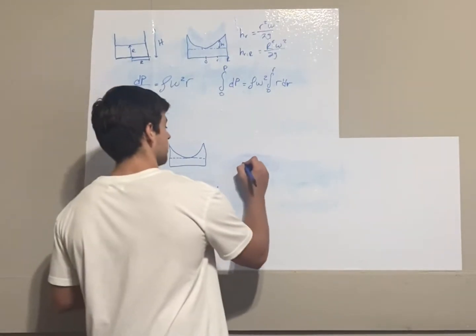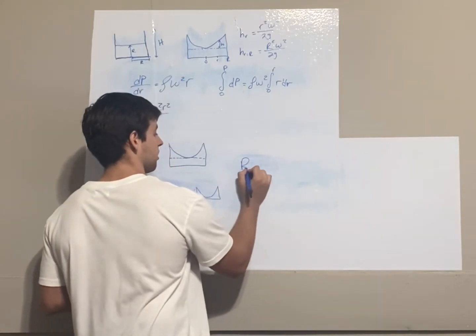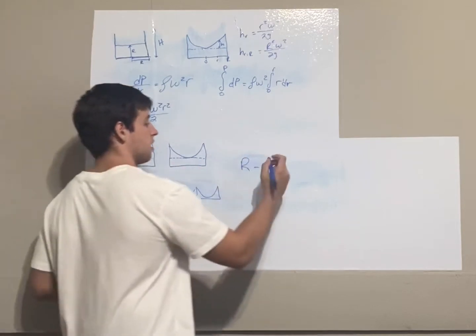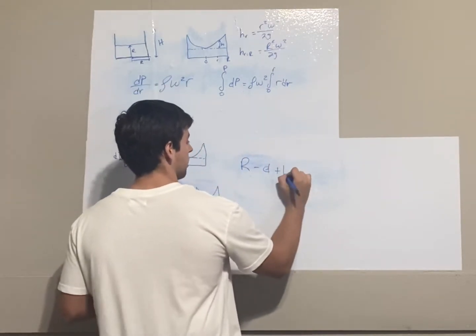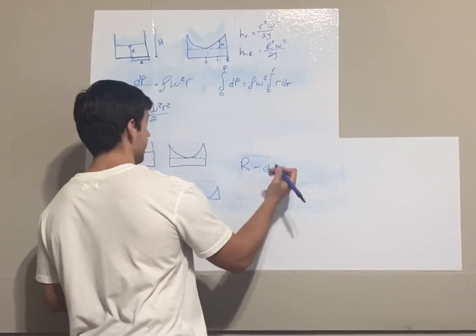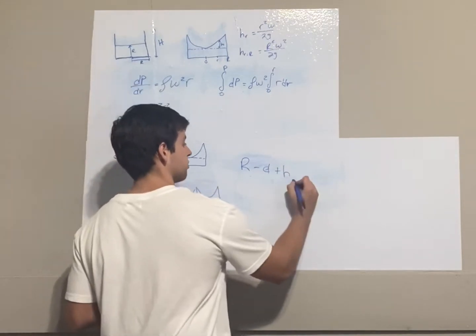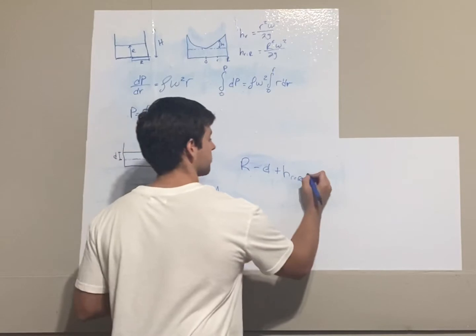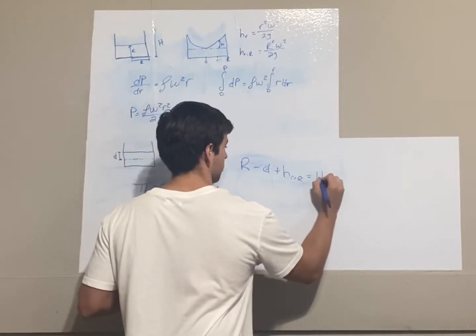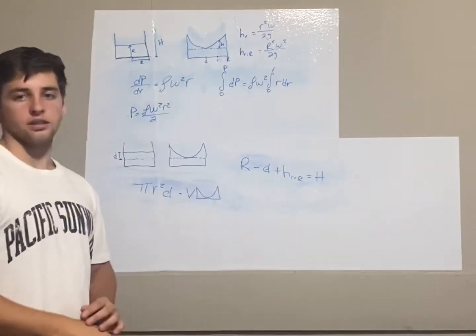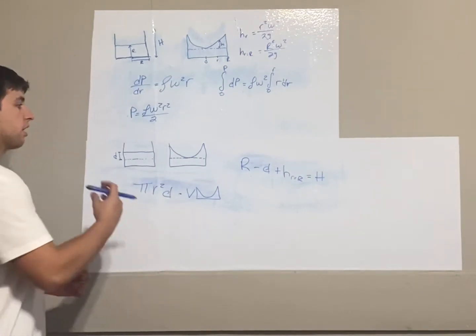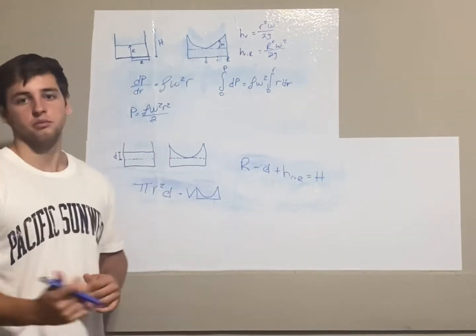If you notice, our big R minus our distance d plus our height h, little h, when the radius is equal to the full radius, is going to equal the total height of our container. So I'm going to cut it here and clear up the board, and I will continue from there.